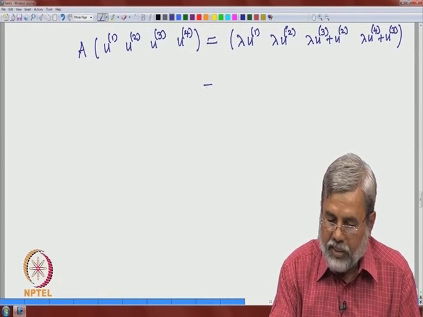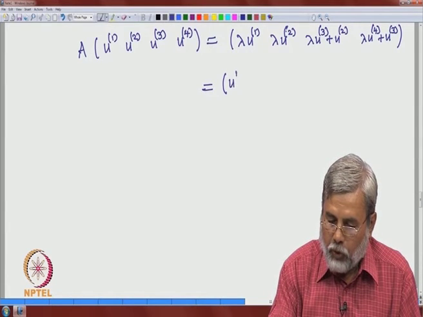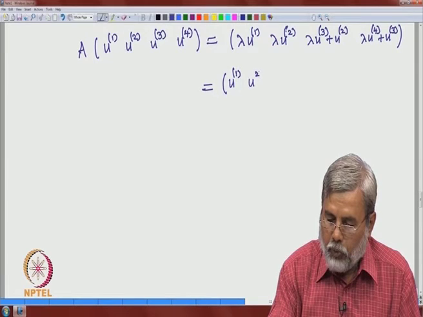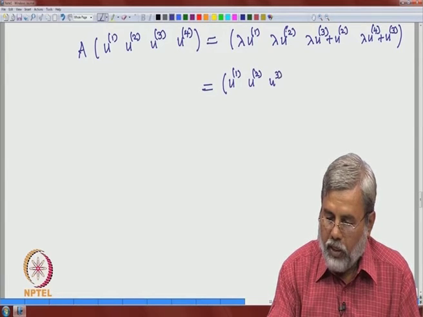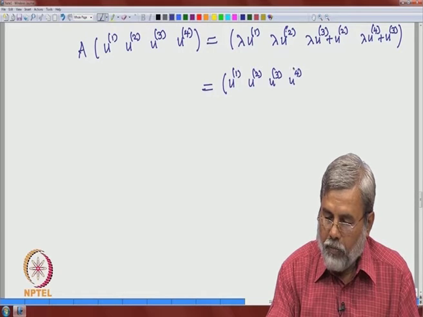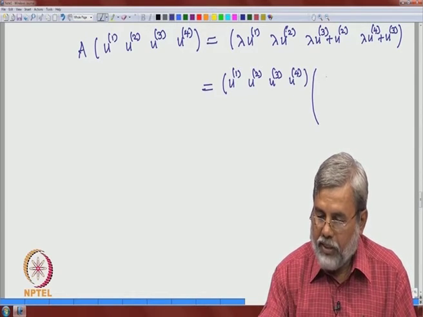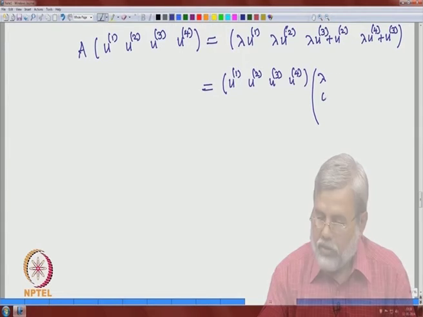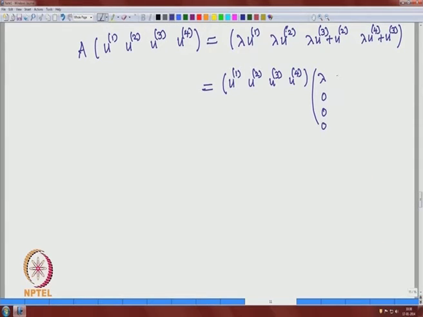So, let me write this the same for u 1, u 2, u 3, u 4, and now I write this matrix: lambda 0 0 0, 0 lambda 0 0, 0 1 lambda 0, 0 0 1 lambda. So, it is very easy to check. Okay, that is what we get by just writing this thing.